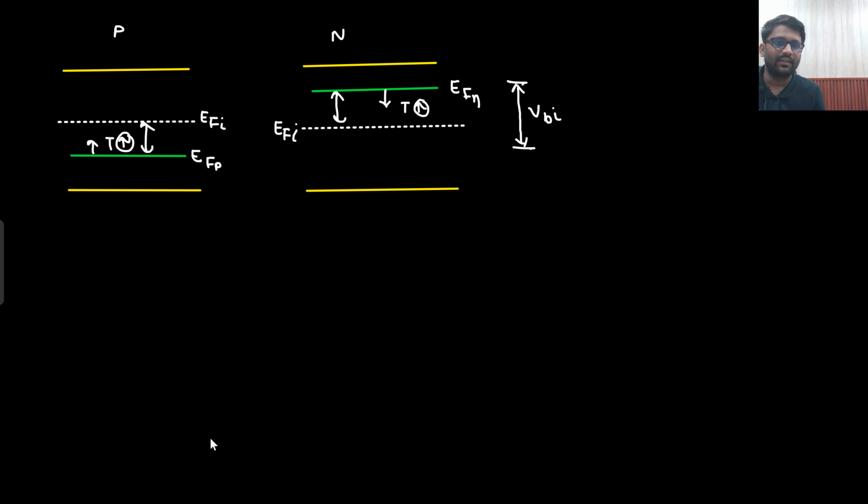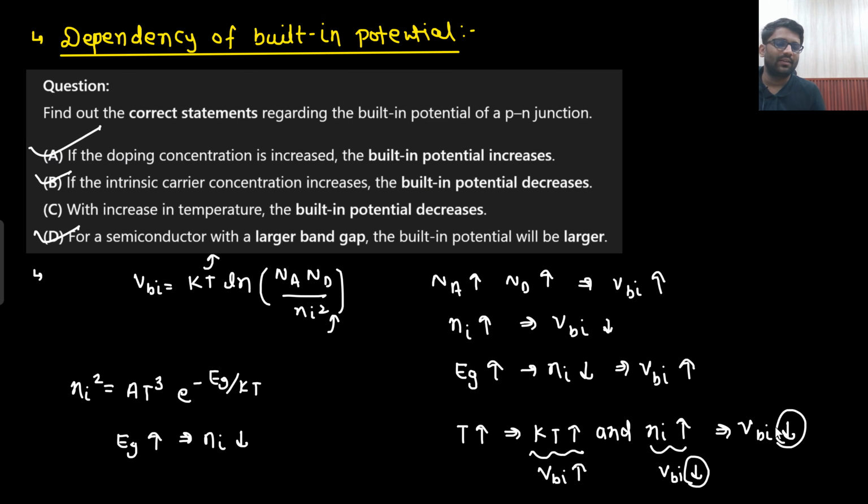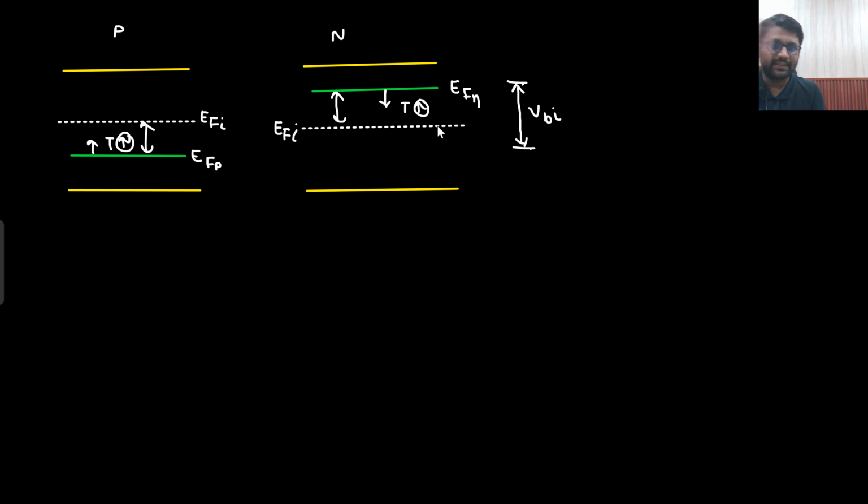Do you remember this thing? That means V built-in will decrease. That means this gap will be reduced. For increase in temperature, this gap would be reduced. What does that mean? V built-in will decrease.